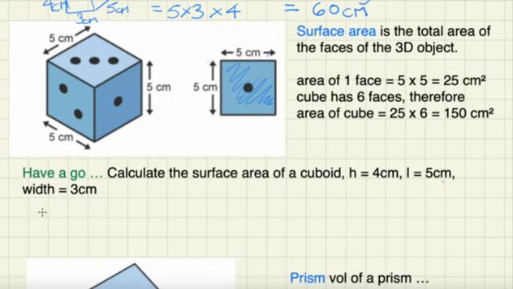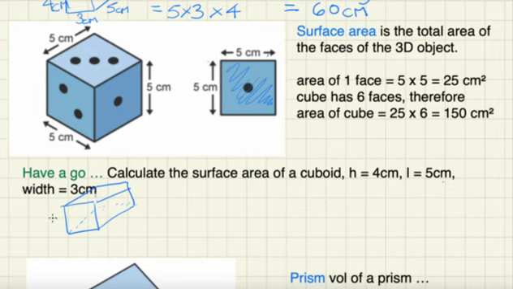So as always, let's draw this out again. And it's only a rough drawing. I think I can only do rough drawings. So this, because it's a cuboid, has 6 faces, but it's not like a cube because these lengths are all different.